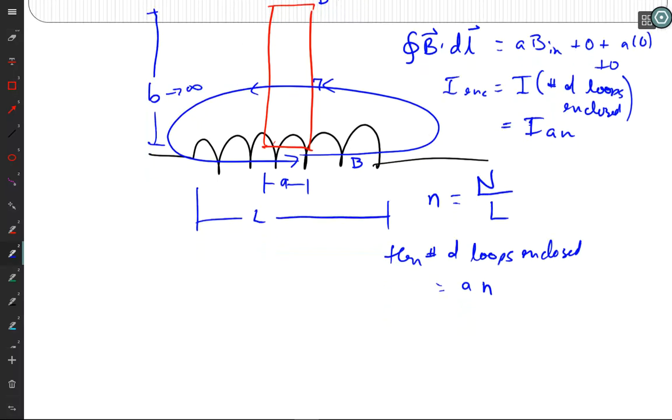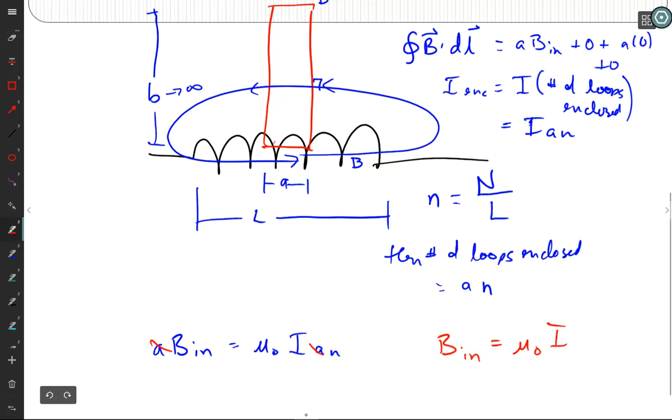And then we put these together. The circulation is A times B inside, which is equal to mu naught times the current that's enclosed, so I A n. Divide both sides by A, and the magnetic field inside the solenoid is mu naught I times the number of turns divided by the total length.